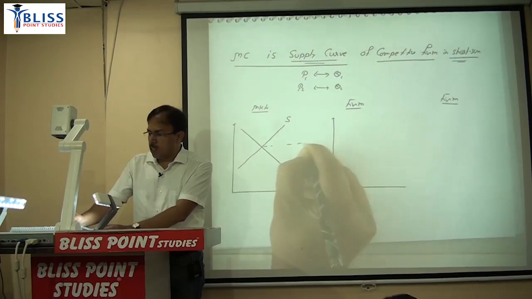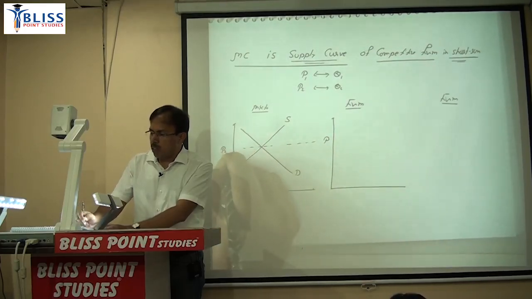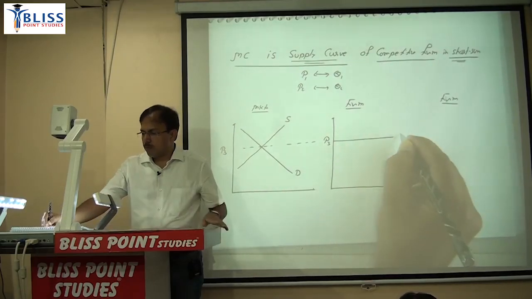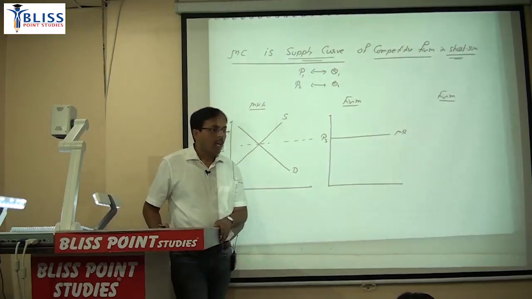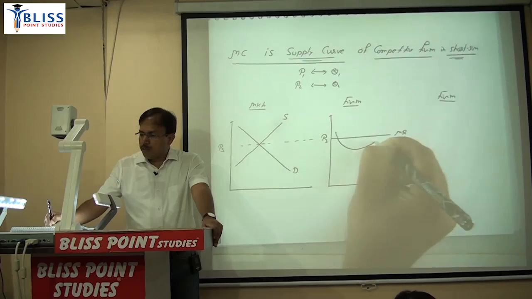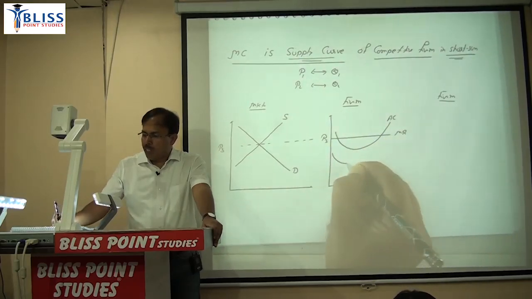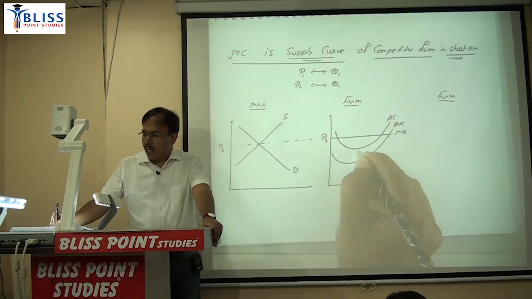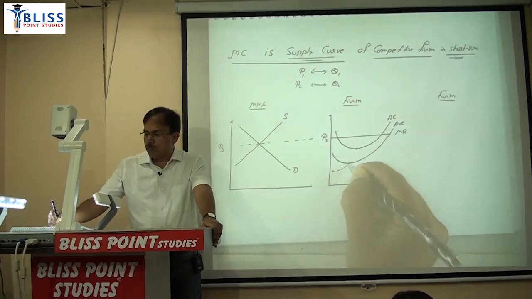Market price right now is, say, this intersection. We can make it as P3. This is MR line. Clear? And if you draw that average cost curve, below that you can draw average variable cost curve, and the minimum point of draw that marginal cost curve.